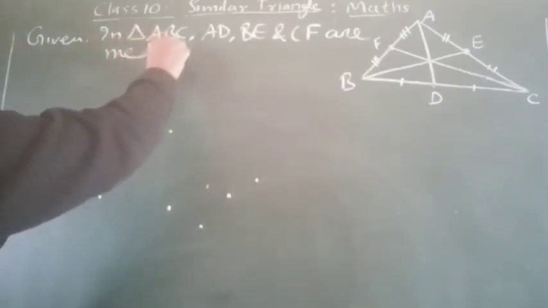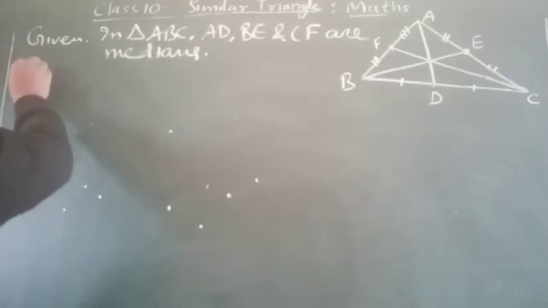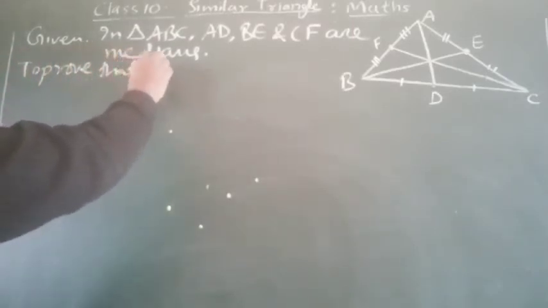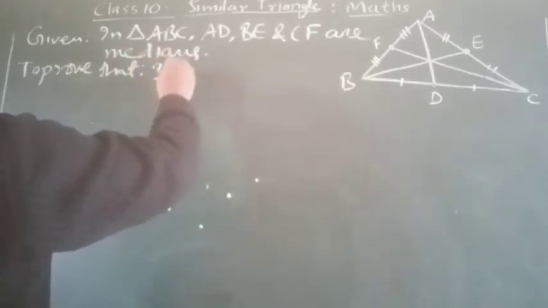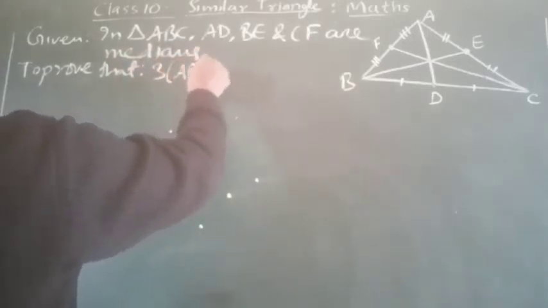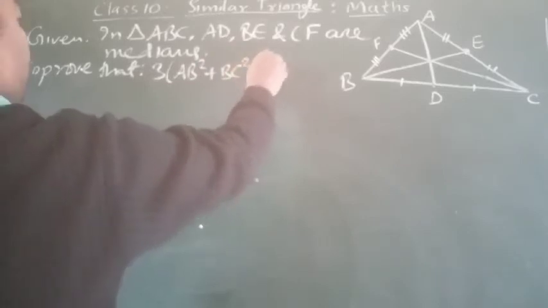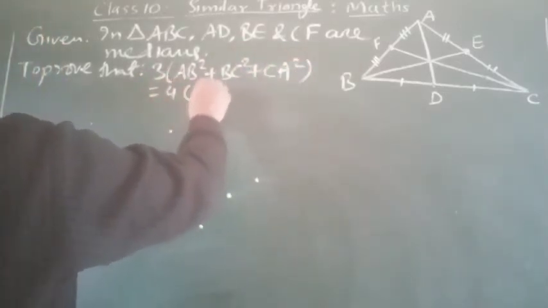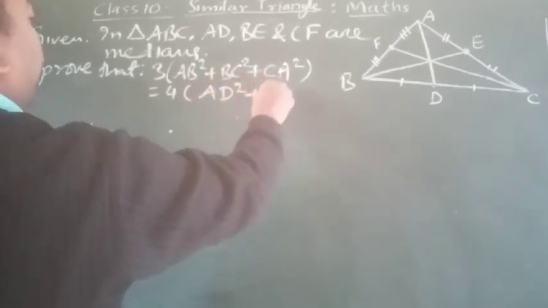To prove that, 3 times (AB square plus BC square plus AC square) equal to 4 times (AD square plus BE square plus CF square).